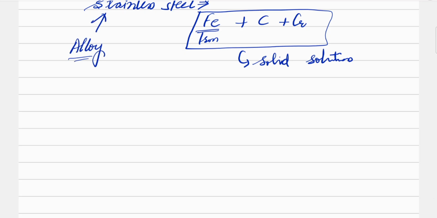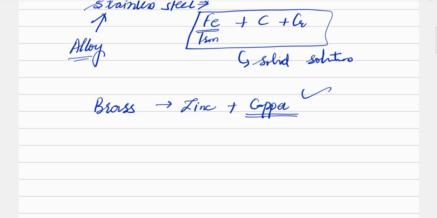So once again, all the alloys we have heard about, like brass. Let's talk about brass. What does brass have? It has mainly zinc and copper. Copper is more, it is the primary metal, and then zinc is added to it.